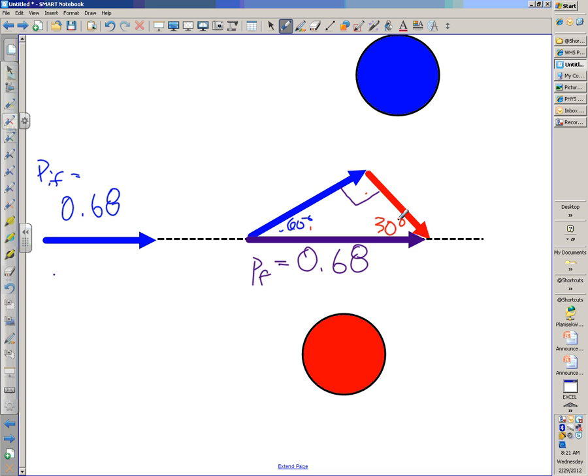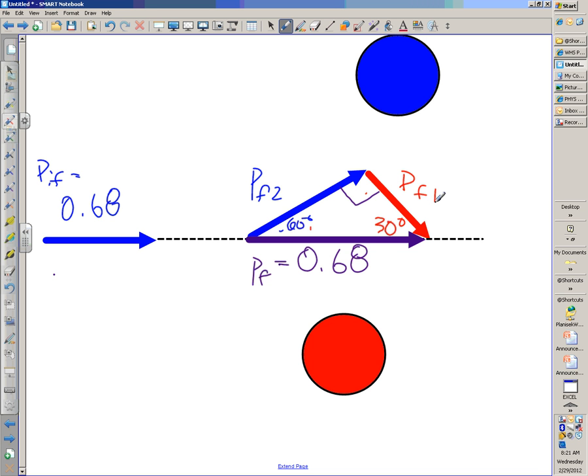Can we figure out the two sides? What did we say those two sides are going to be for us? This is going to be the final momentum of ball 2. This is going to be the final momentum of ball 1. Does everyone see where I got that from? Can I at least get a head shake, maybe? Yeah.